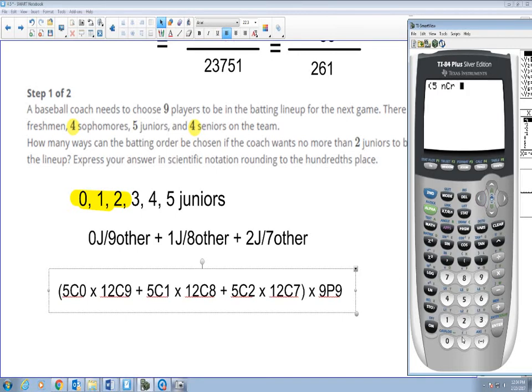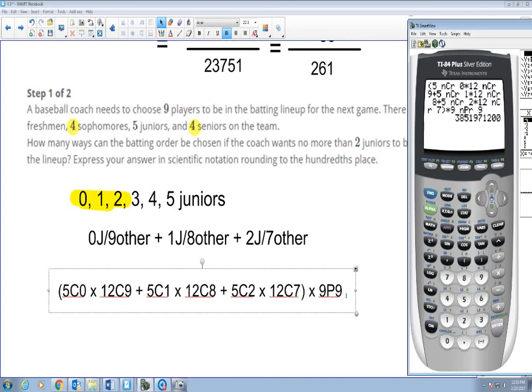5 choosing 0 times 12 choosing 9, plus 5 choosing 1 times 12 choosing 8, plus 5 choosing 2 times 12 choosing 7, close parenthesis, times 9 choosing 9 using permutation.